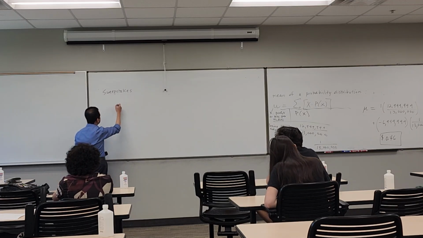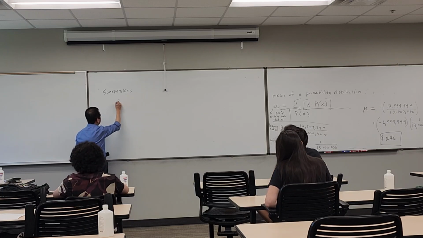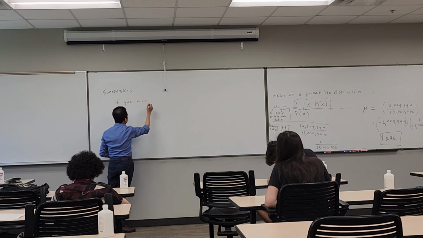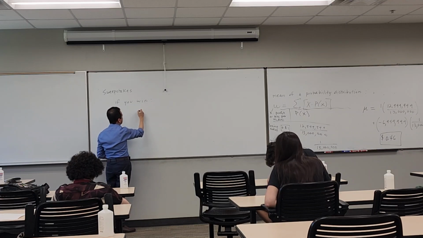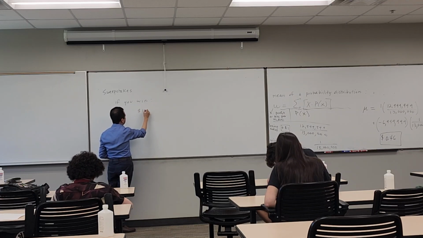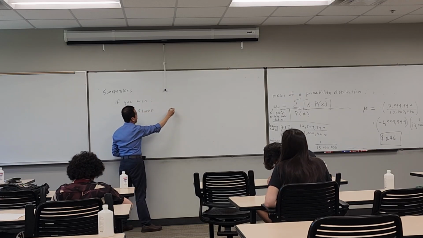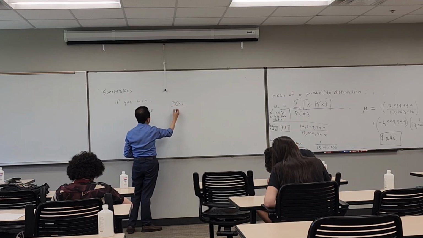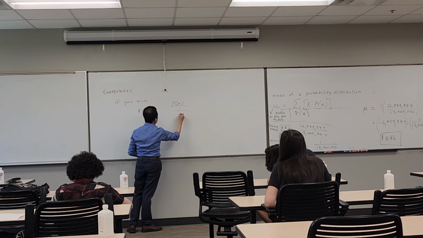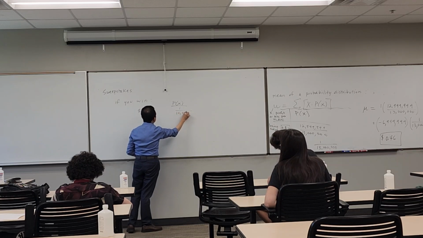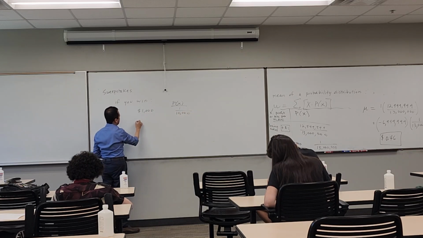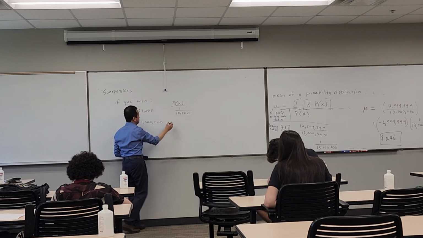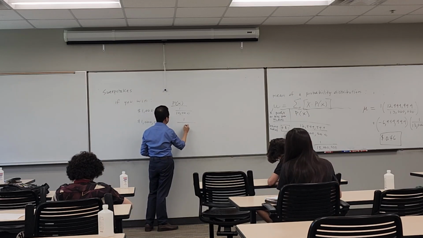So if you win, you could win either $1,000, and the probability of that would be 1 in 10,000, or you could win $1 million, and the probability of that would be 1 in 10 million.